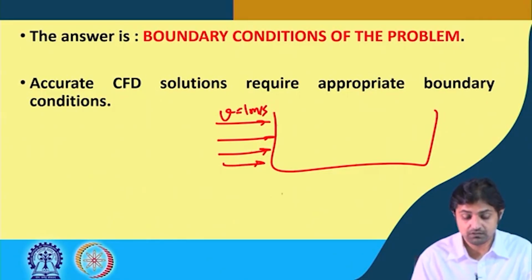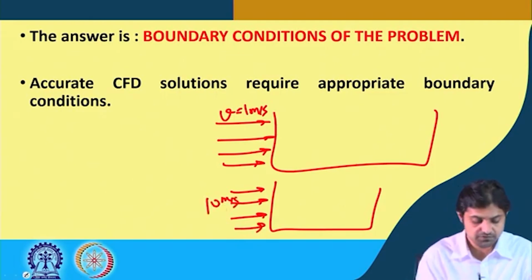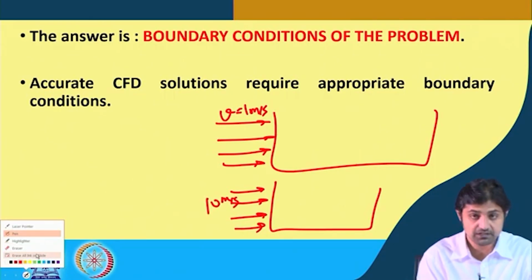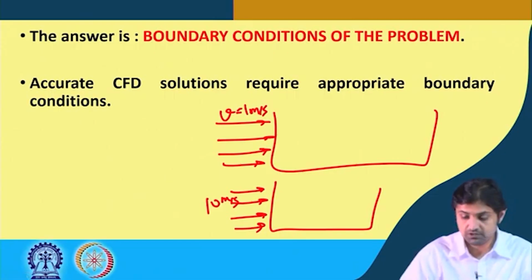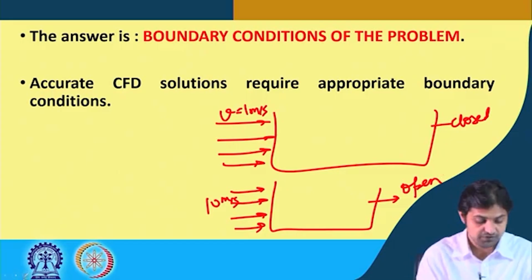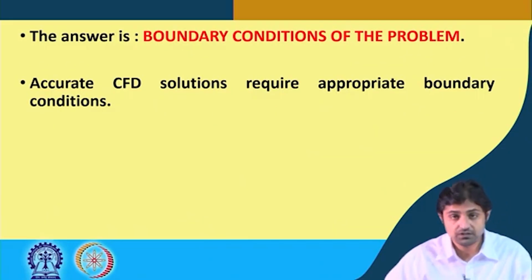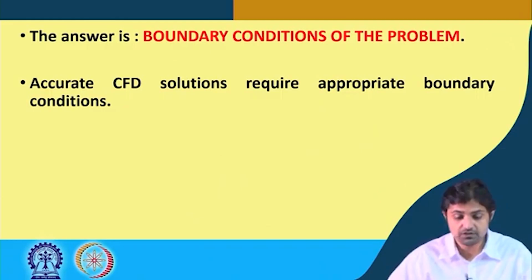There could be others where the velocity could be 10 meters per second, for example. So, these are different boundary conditions, that is why we get different results. Suppose one of the boundary conditions is that this is closed at this end and the other could be open. So, this is another boundary condition. Because of this difference in boundary conditions, we have different solutions of the problem.